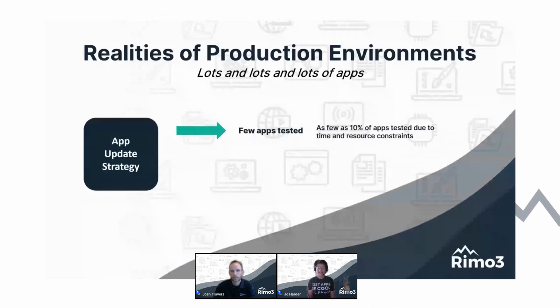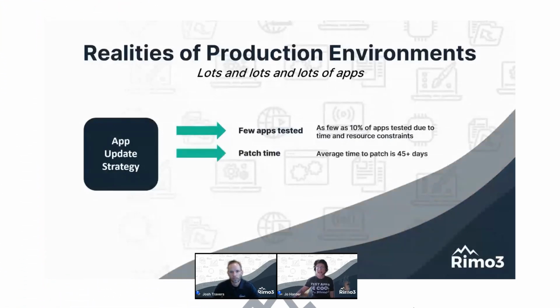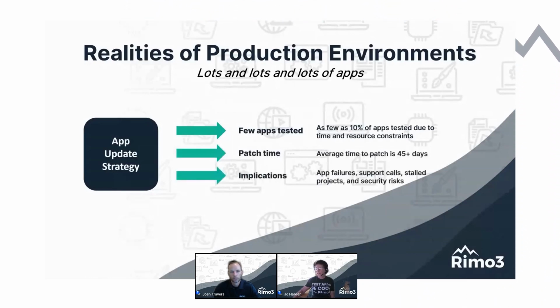So you're living on the edge in doing that, and that's one of the reasons that Remo3 is such an awesome solution. Patch time could be as much as 45 days. The implications of this are, well, your security folks are probably not very happy about a patch not being applied for perhaps as much as 45 days.